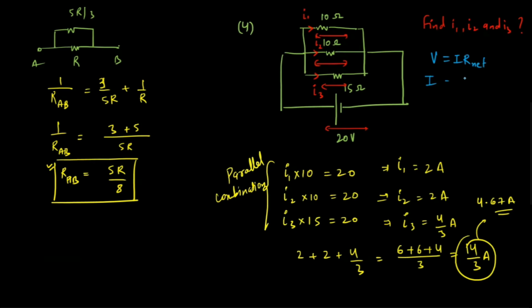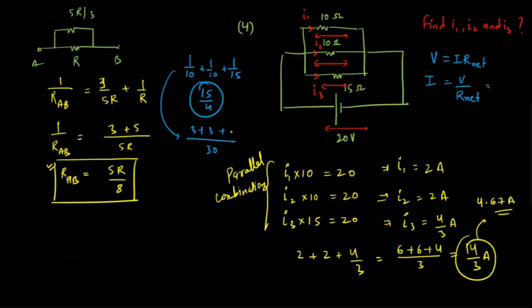So current should be V over R net. If we have to find the net resistance, it is going to be 1 over 10 plus 1 over 10 plus 1 over 15, which comes out to be 30 in the denominator: 3 plus 3 plus 2, so 8 over 30.